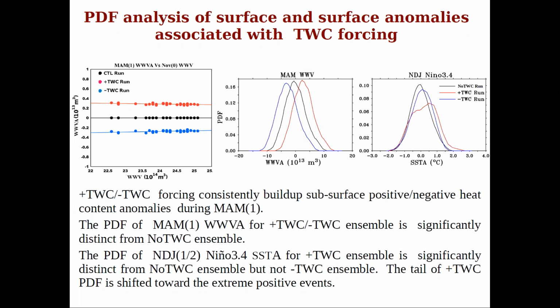But when we did the PDF of the next winter's Nino 3.4 index, the negative TWC run and no TWC run don't have any significant difference, but the positive run has shifted toward more warm events. The tail is shifted toward the most extreme El Ninos.